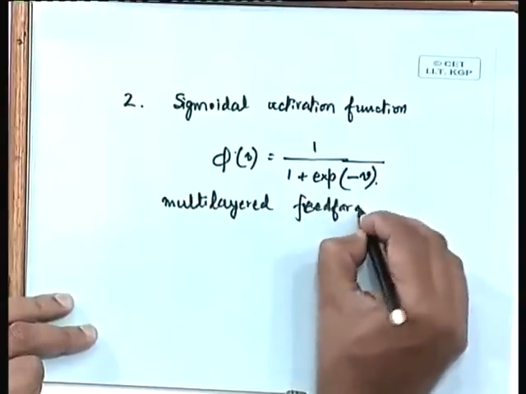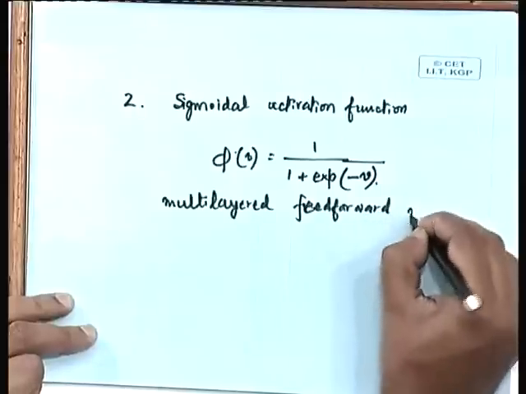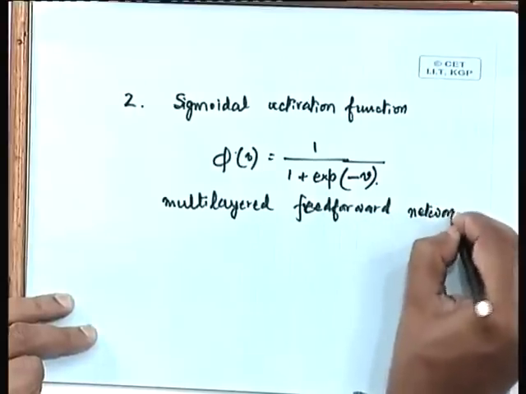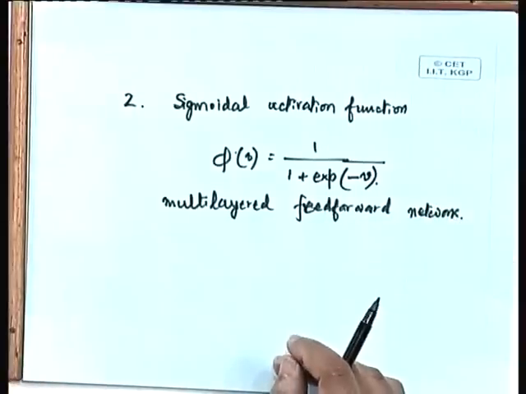Although we haven't explicitly discussed the multi-layered feed forward network, I think you can guess what I am talking of, where we are simply cascading layers of neurons. You begin with an input layer, and all those inputs will be connected to some neurons which will have activation functions, and those outputs in turn will be connected to another layer.